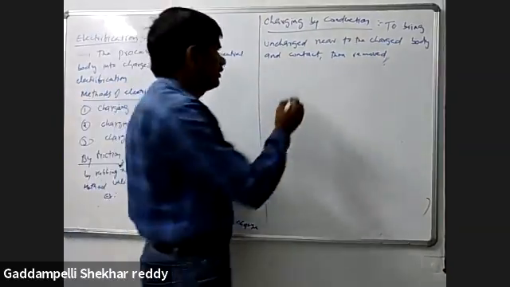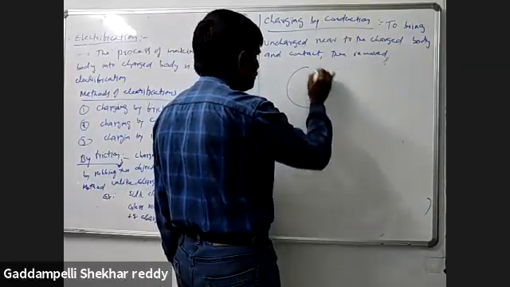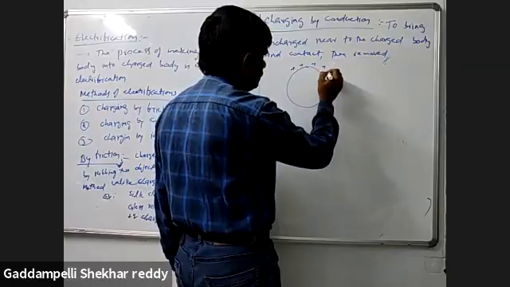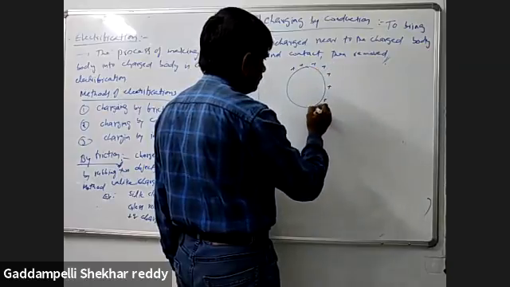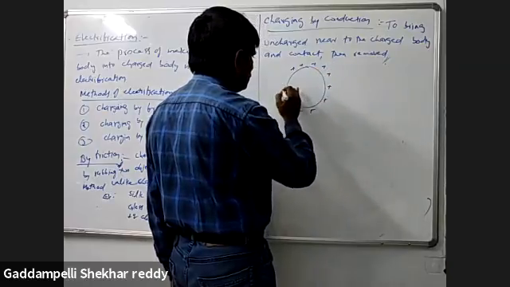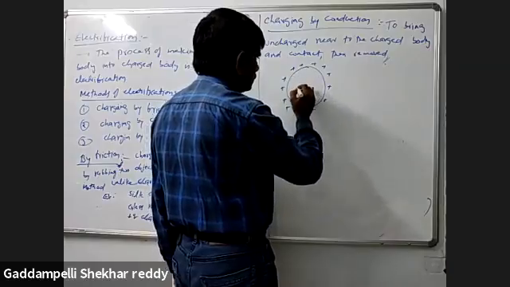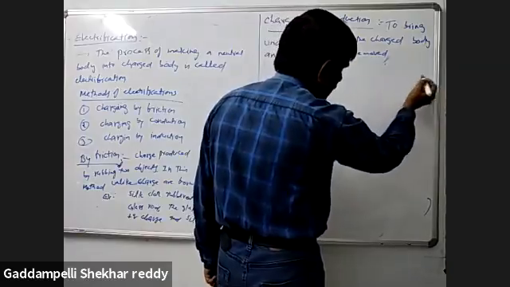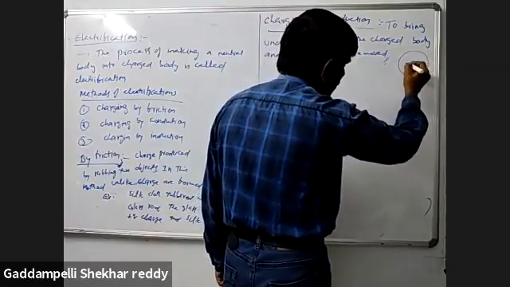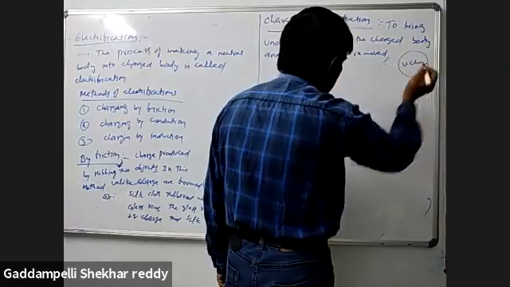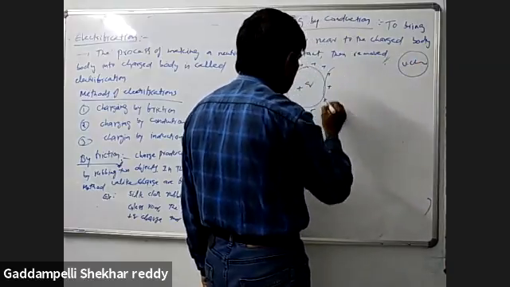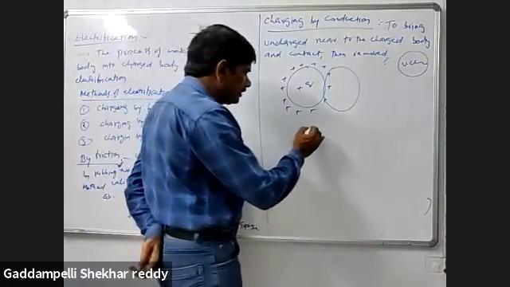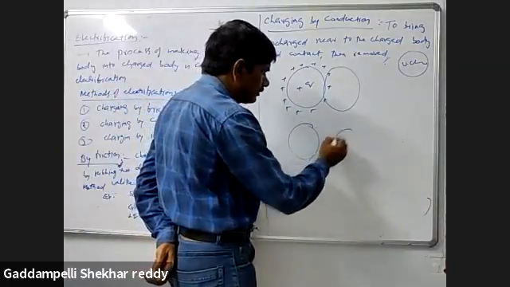In this method, consider one positive charge, plus Q. Next, consider an uncharged body here. Bring it near and make contact with the uncharged body. After that, these are divided into two and separated by a certain distance.